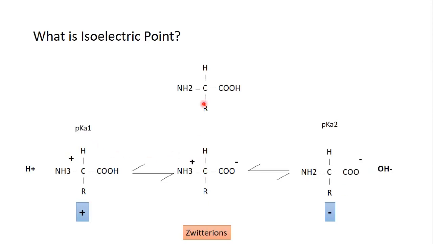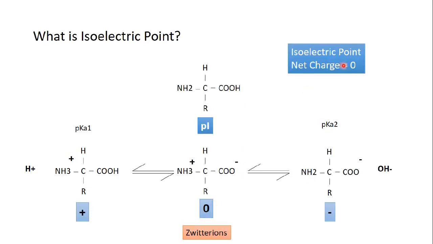If we take the very middle point between pKa1 and pKa2, when half the amino groups will be positively charged and the carboxyl groups will be negatively charged, so the amino acid will be holding a zero charge. It's called the isoelectric point, and this is very important. So the isoelectric point is the pH in which the amino acid will be holding a zero charge.